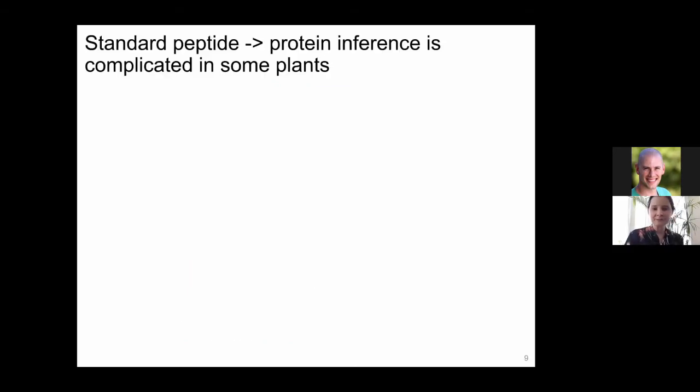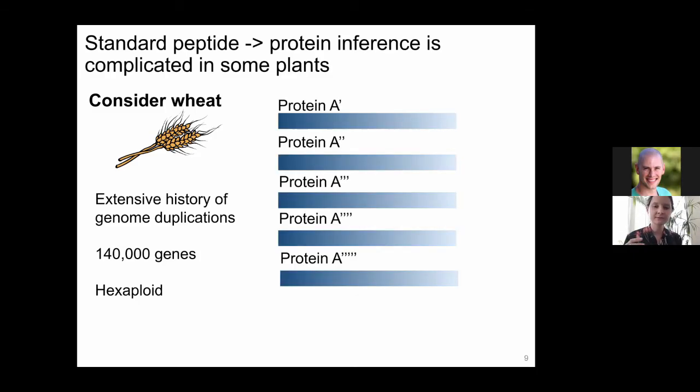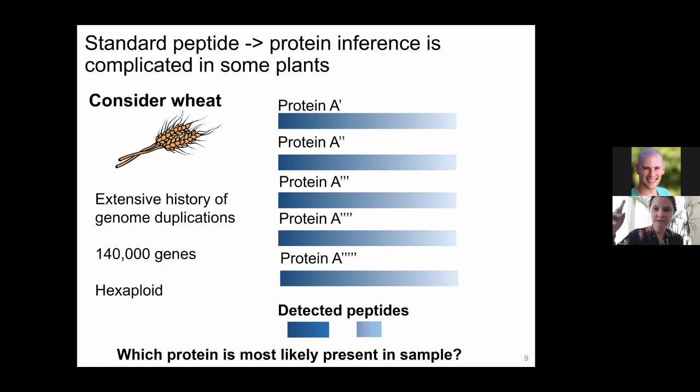But it becomes complicated in organisms like wheat, which is highly duplicated, has around 140,000 protein-coding genes, and is hexaploid. You might have a case where you've got 5 very similar proteins with very few distinguishable peptides. When you detect a few that are common to most of them or all of them, it becomes a really difficult inference problem, and standard approaches totally fail at this task.